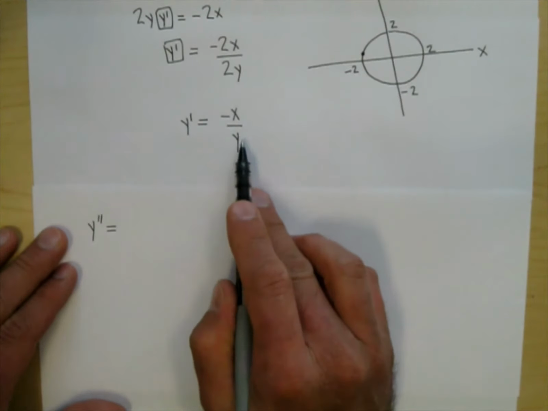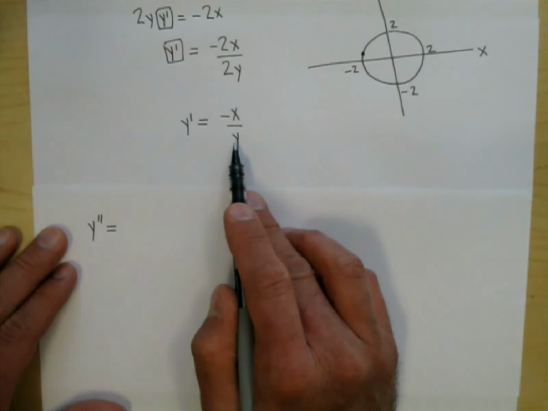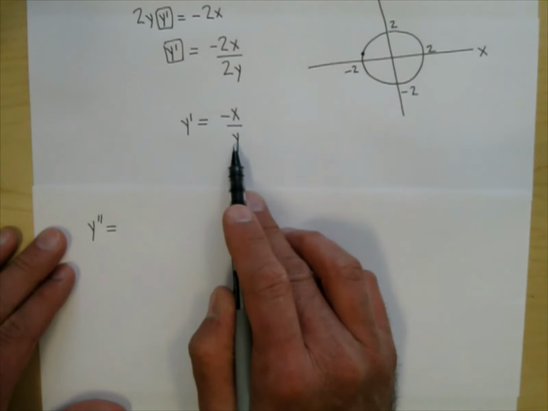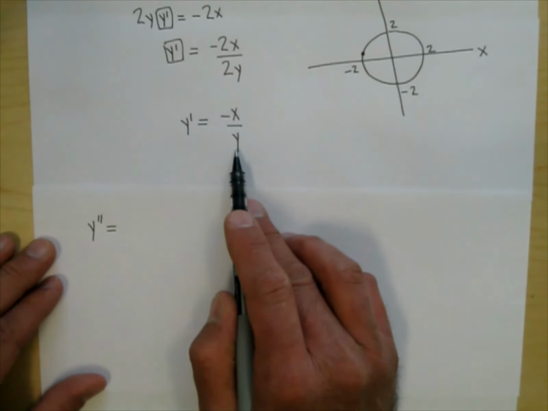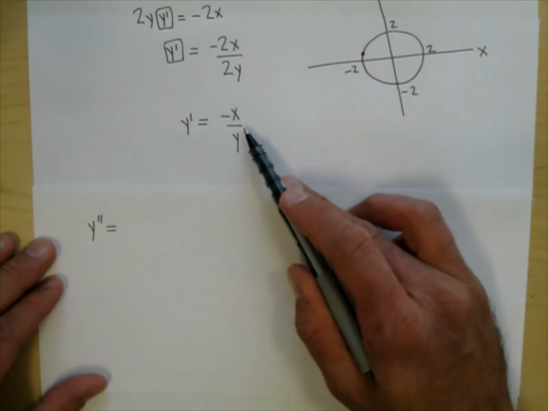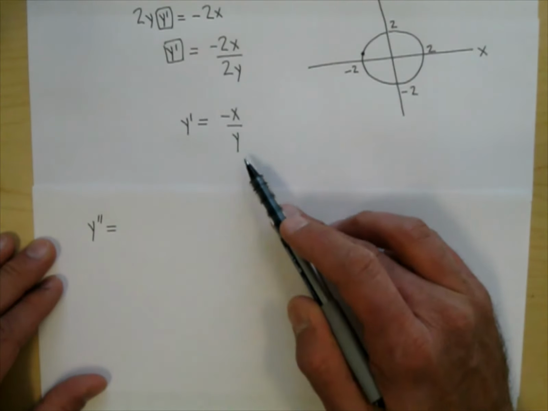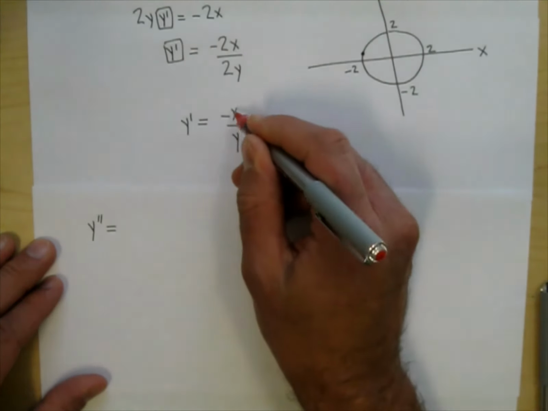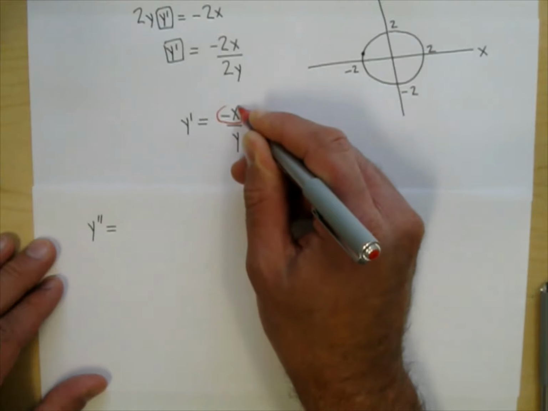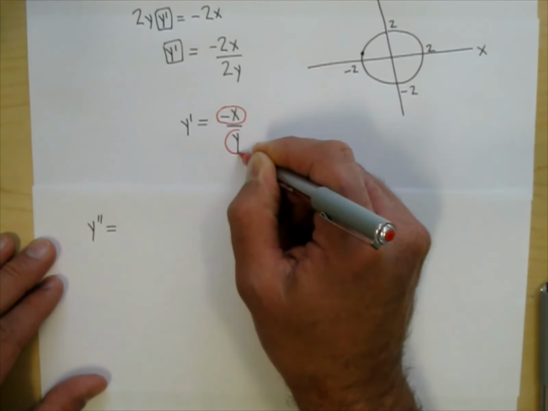I'm going to go ahead and take the derivative of the right-hand side with respect to x. So everywhere I hit y with the derivative gun, I put a little marker, and that marker is going to be a y prime. I see a quotient, so I'm going to do the quotient rule. Here's the top, here's the bottom.